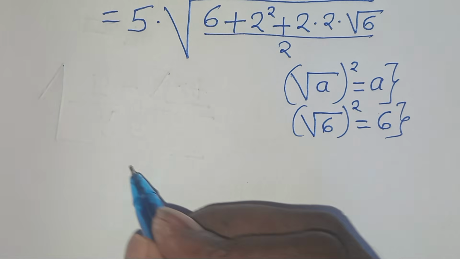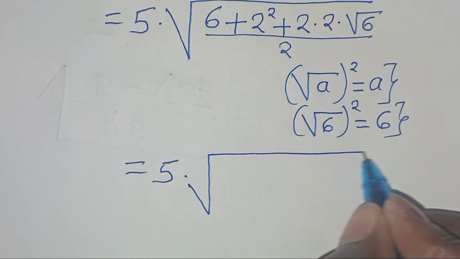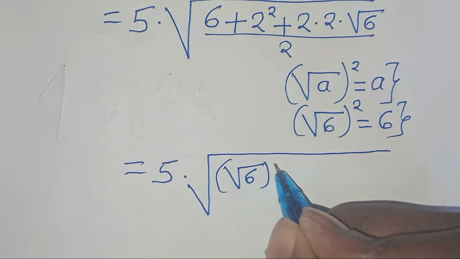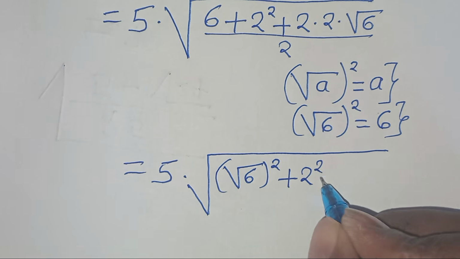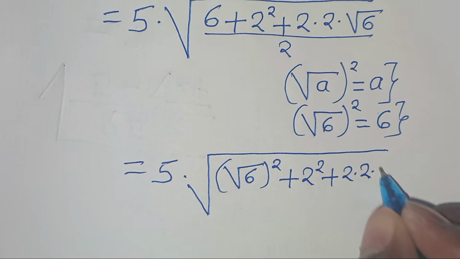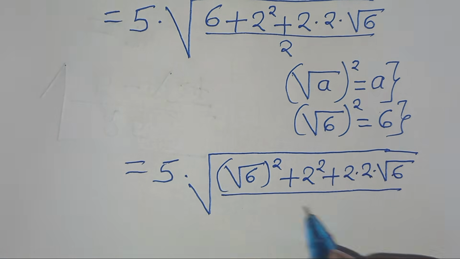So that we have 5 multiplied by the square root of root 6 raised to the power of 2, then plus 2 to the power of 2, then plus 2 multiplied by 2 multiplied by root 6, divided by 2.